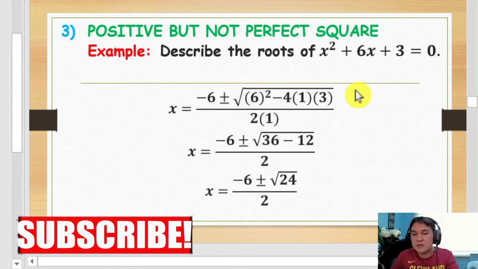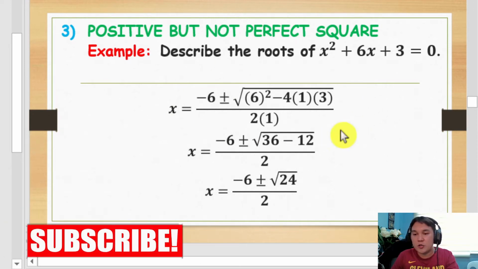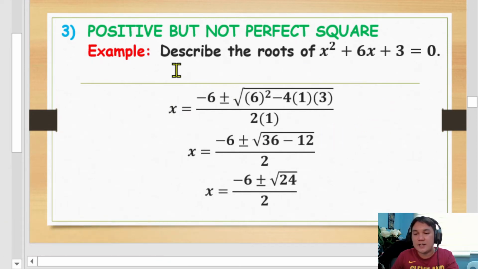With this, now we're going to perform the operations inside the radical sign and outside the radical sign. So what we will have here, 6 squared, that gives us 6 times 6, that gives us 36. 4 times 1 times 3, that gives us 12. And then 2 times 1, that gives us 2.